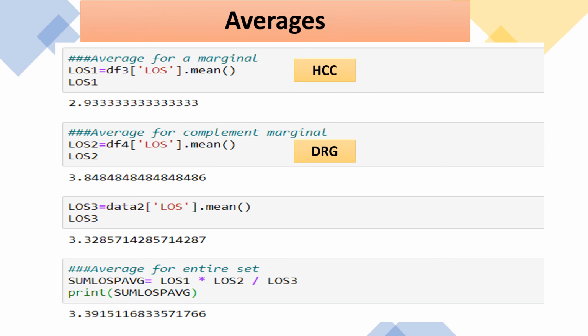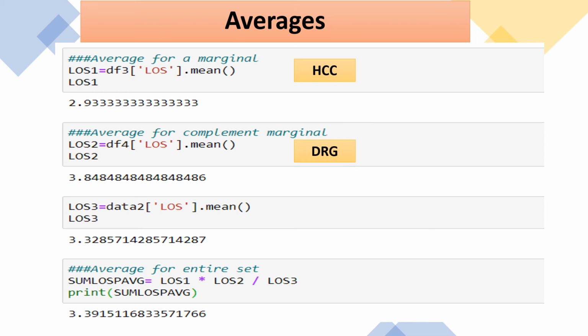In this slide, we have to calculate some averages. For example, the average of length of stay in terms of HCC, which is equal to 2.93. And also we have to calculate the mean of the length of stay in terms of DRG, and it's equal to 3.84.